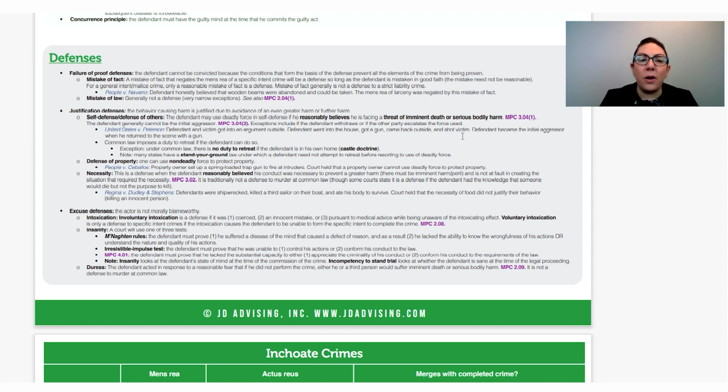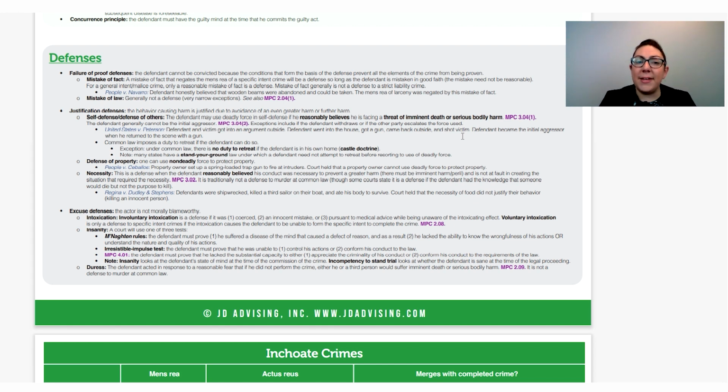The Model Penal Code says that the defendant has to show that he lacks substantial capacity to either appreciate the criminality of his conduct or conform his conduct to the law. So this one too is a little bit lower standard that's a little bit easier for the defendant to meet. So it just depends on the jurisdiction and which test the particular jurisdiction has adopted.